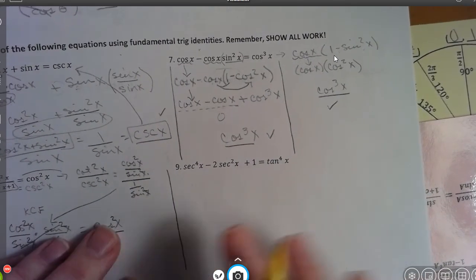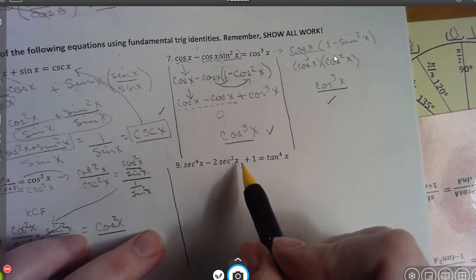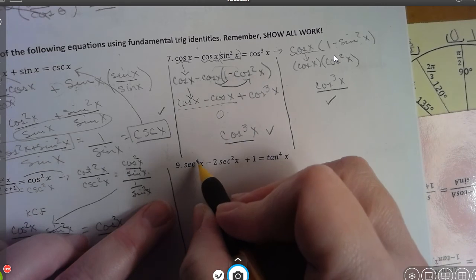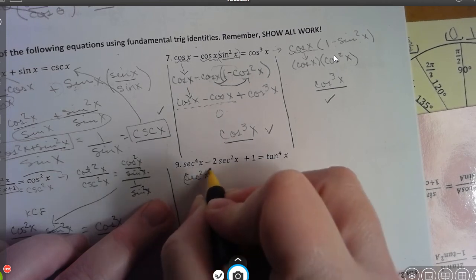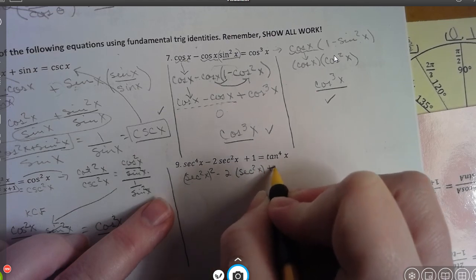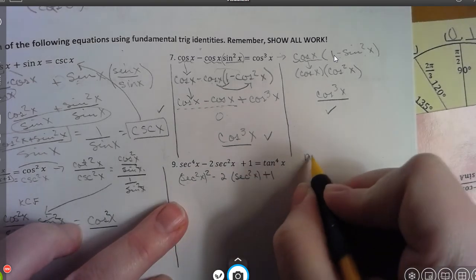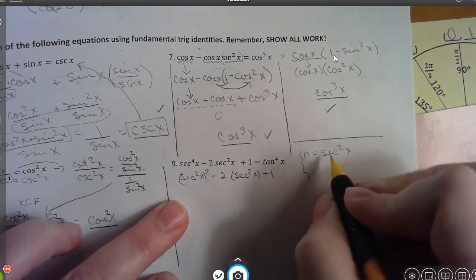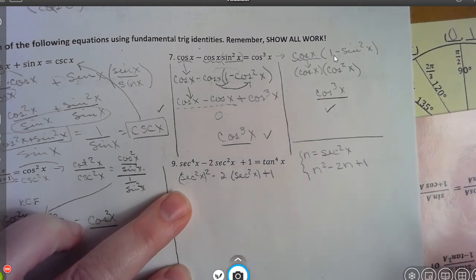Okay. All right, number 9. I'm going to show you what I think is the best way. And I want you to notice that this is a fourth power, which technically means I have secant squared x squared minus 2 secant squared x plus 1. The reason why I've done this and just rewrote it is because now if I let n equal secant squared x, then this looks like n squared minus 2n plus 1.